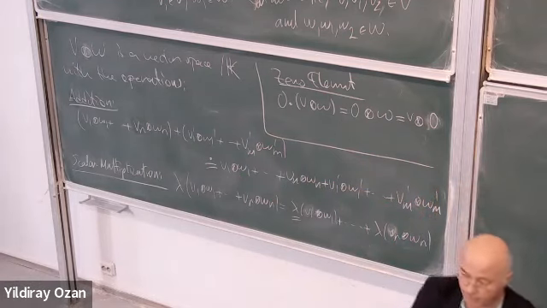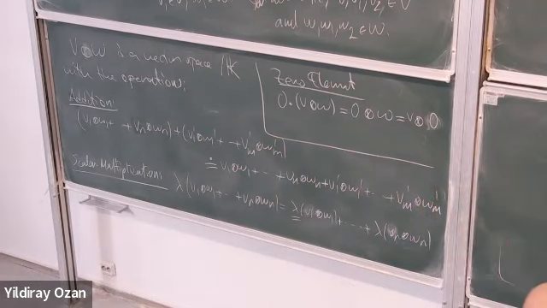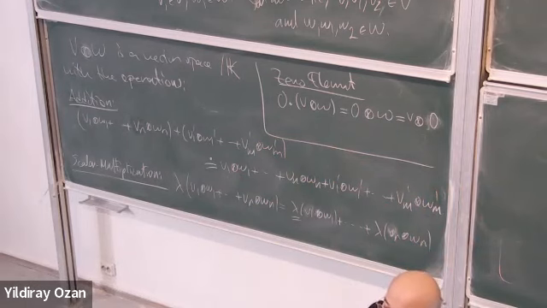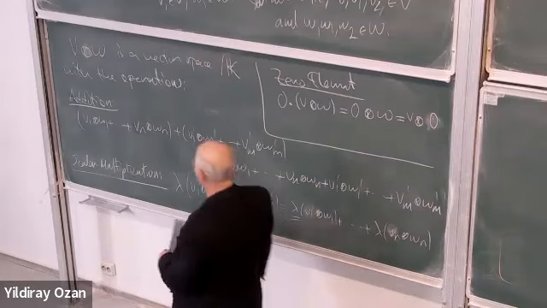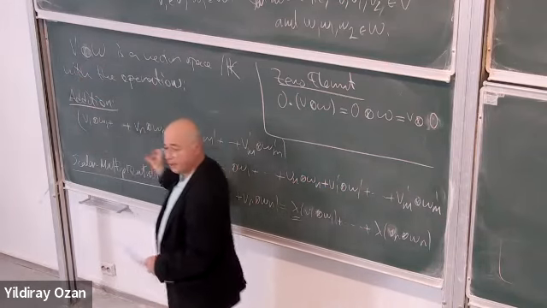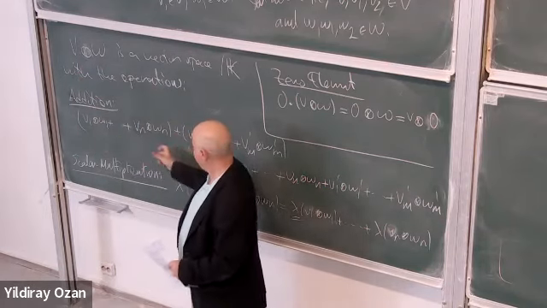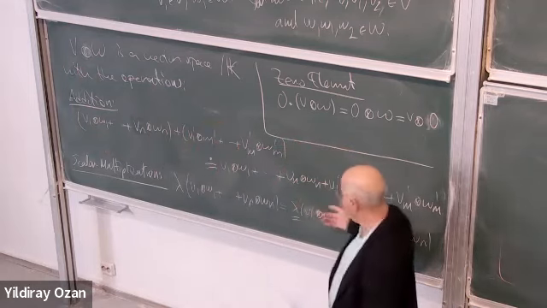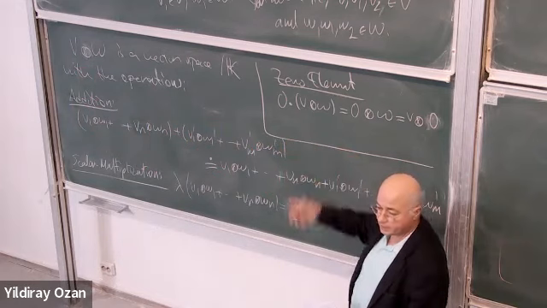This is the set of all such elements. So if you have two such elements, then the sum is defined this way. This is another element of the same type.